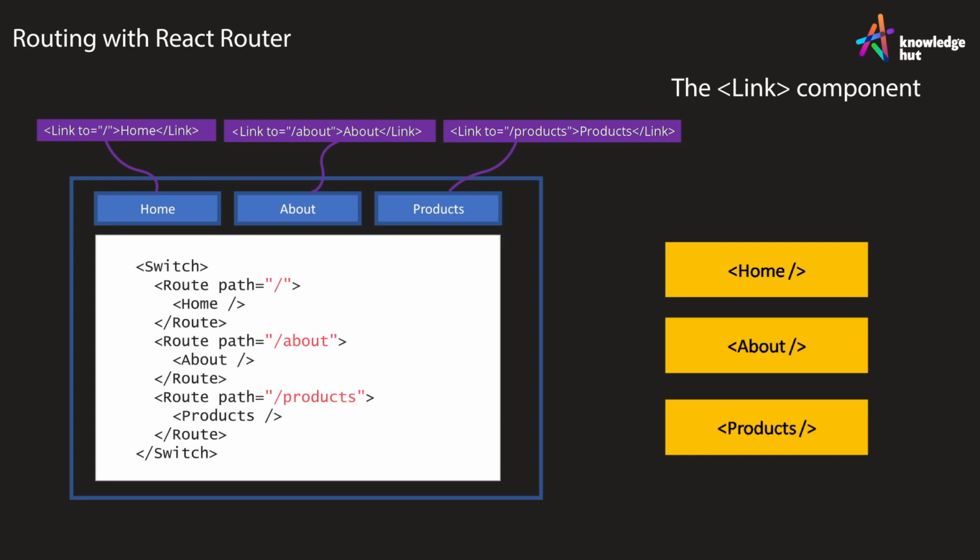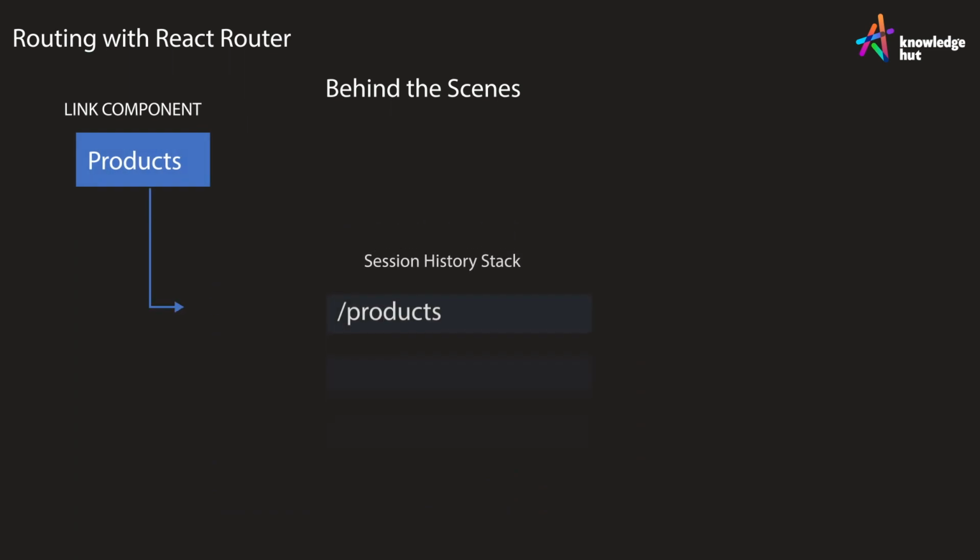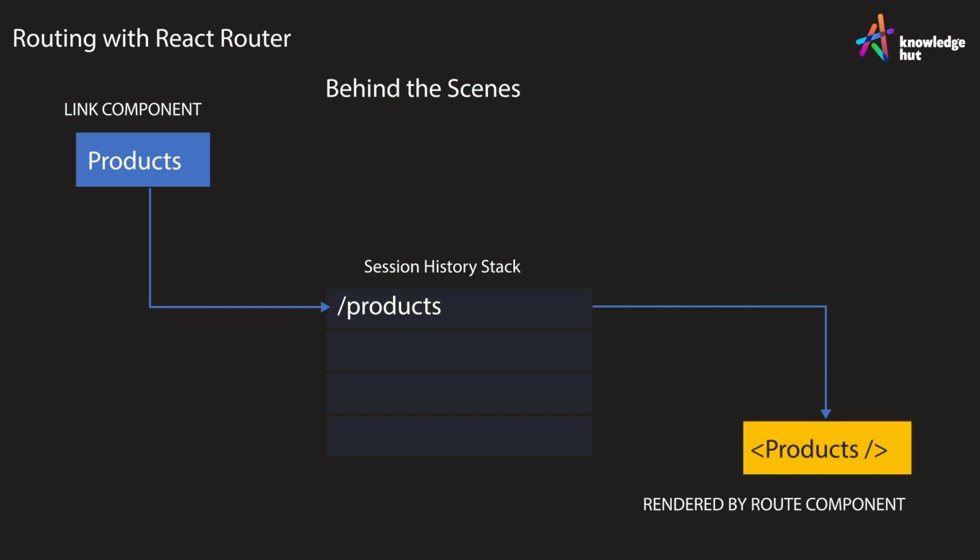In the area on the page where you need to render components based on the URL, you define a switch component within which we create a series of route components, each set to load a specific component. When the navigation links are clicked on, the unique URL is pushed into the stack, to which our route components respond by loading the appropriate component. This is how React Router works in a nutshell. Of course, there's a lot more to it. So let's work through an example application first.